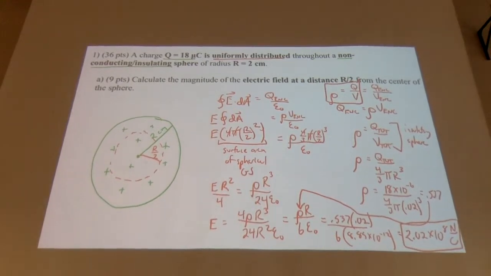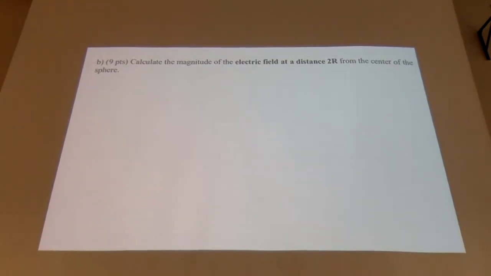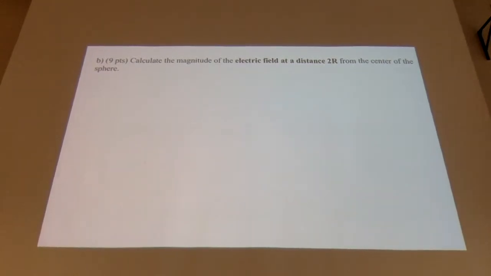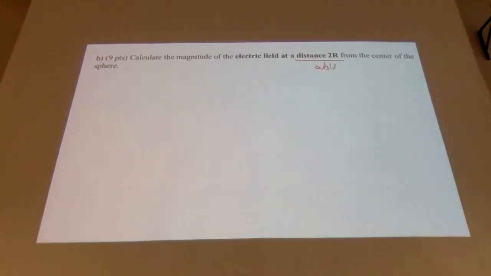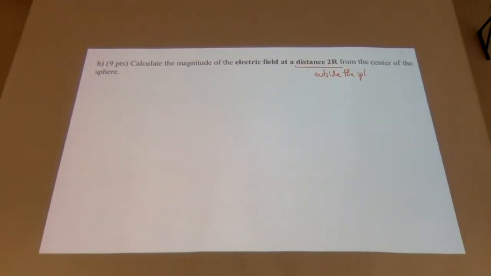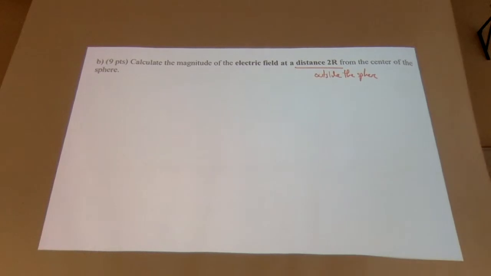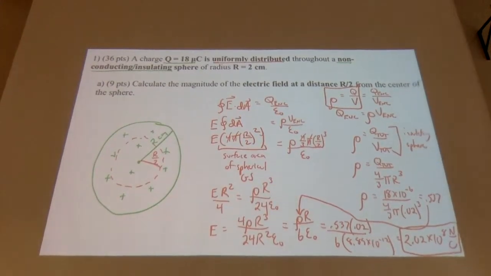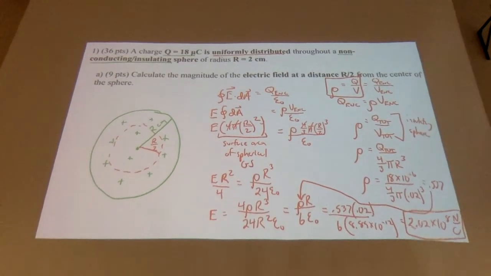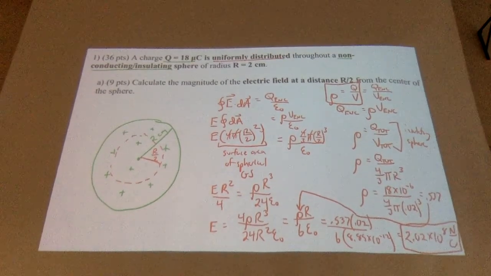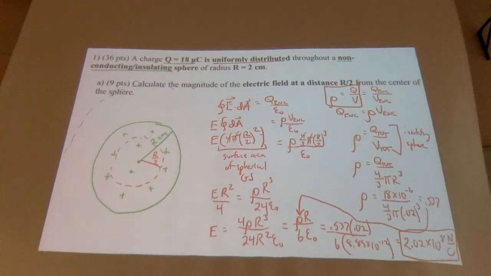Let's do part B. Part B, calculate the magnitude of the electric field a distance of 2r from the center of the sphere. 2r is outside the sphere. So if I go back and draw a new Gaussian surface at 2r, well, I don't really have room, but you can imagine it would be way out here somewhere.